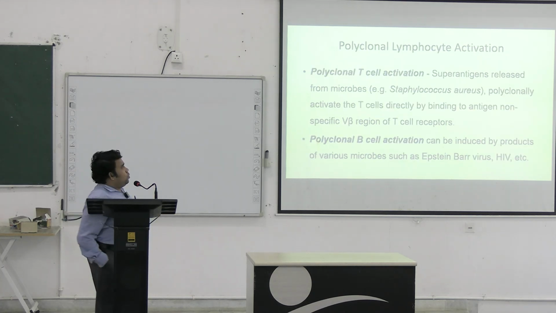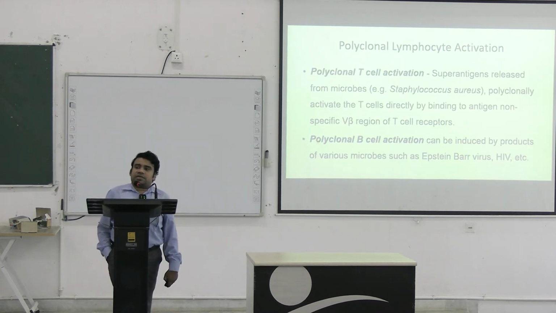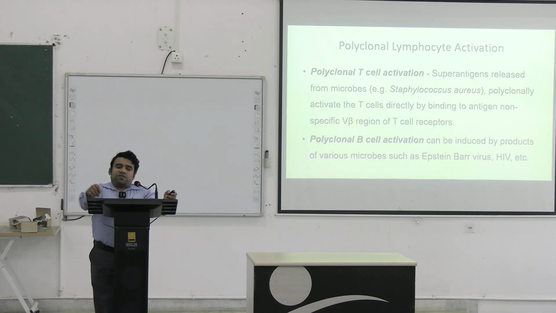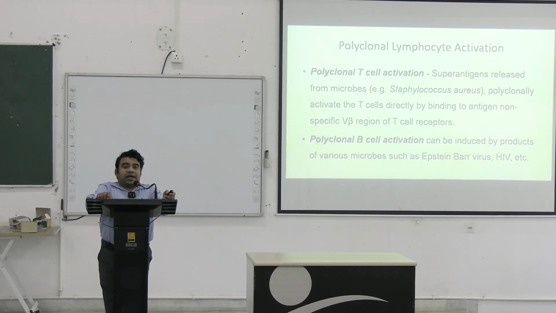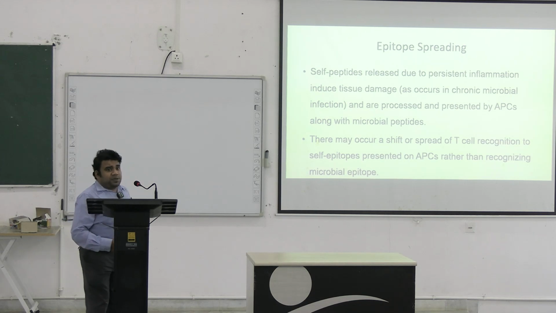Another would be polyclonal lymphocyte activation. Some infections may trigger activation of many clones of cells, and many clones of cells will start acting together. When this vigorous reaction occurs, the regulatory pathways, apoptosis or cell death, and the activity of regulatory T cells will not be sufficient to control the reaction. Another would be epitope spreading.